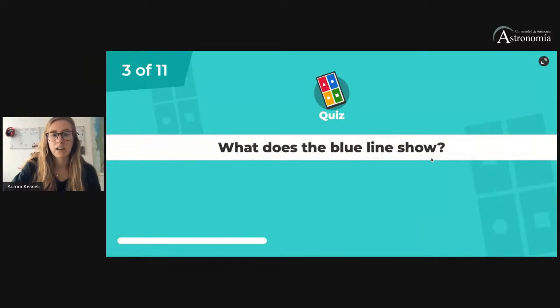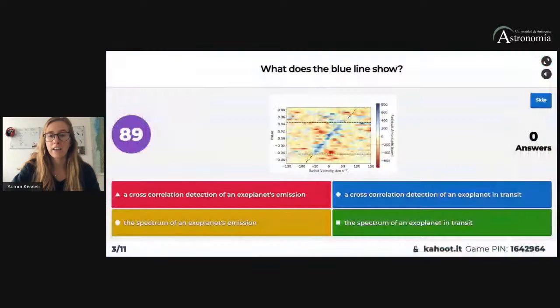Okay, next. What does the blue line show in this plot? A cross-correlation detection of an exoplanet's emission, a cross-correlation detection of an exoplanet in transit, the spectrum of an exoplanet's emission, or the spectrum of an exoplanet in transit.